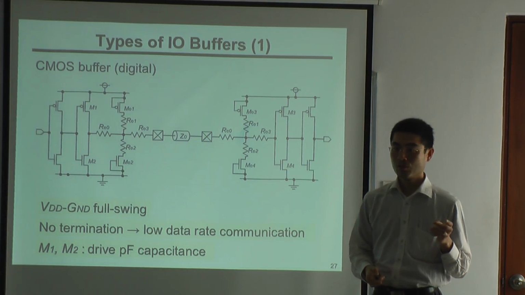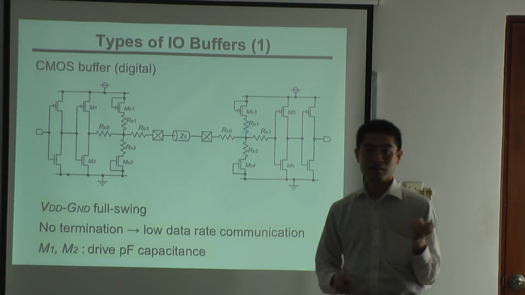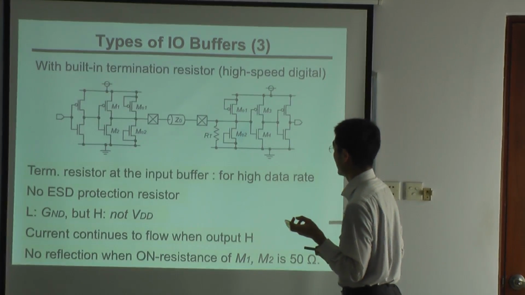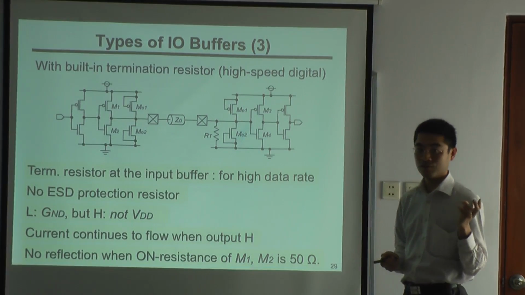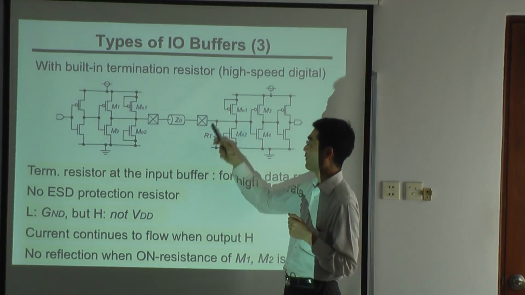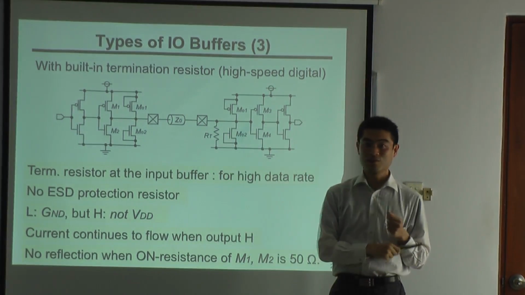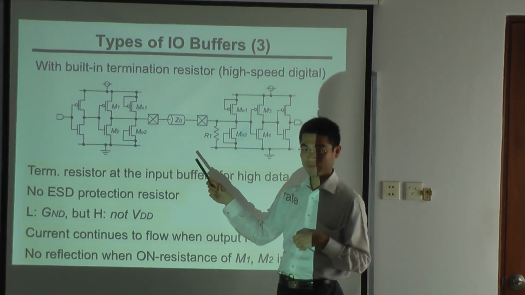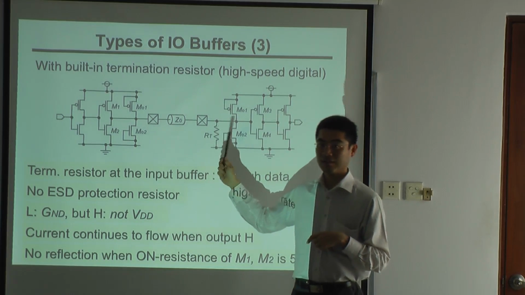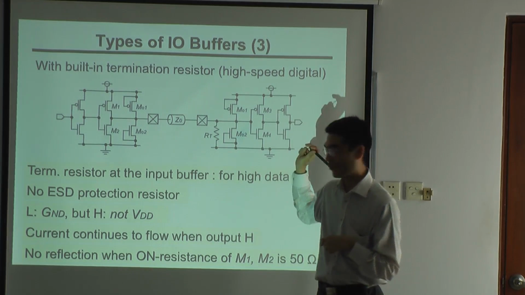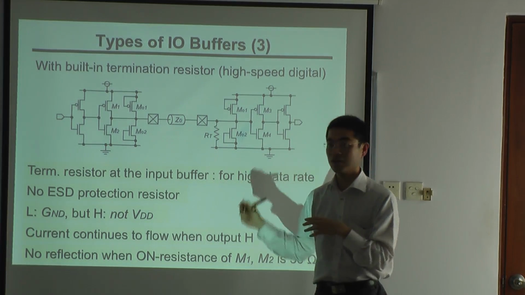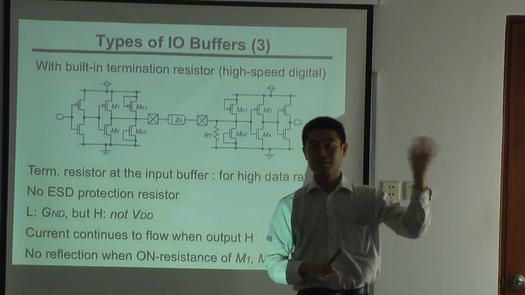But for high-speed and RF circuits, input buffers always have a termination resistance, a 50 ohm termination resistance. So in this case, it is strong against ESD. Strong against ESD.